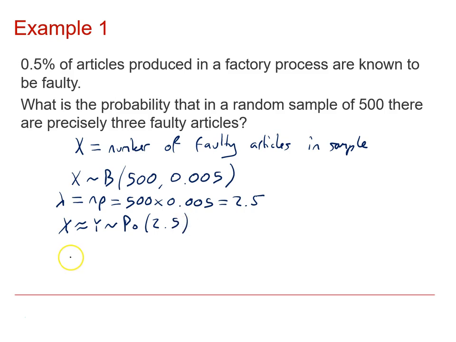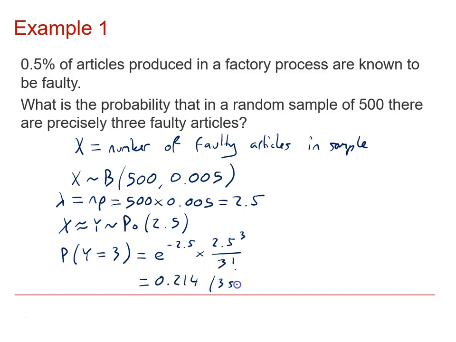We're looking for precisely 3 articles, so the probability that y equals 3 is equal to e to the minus 2.5 times 2.5 cubed over 3 factorial, which is 0.214 to 3 significant figures.